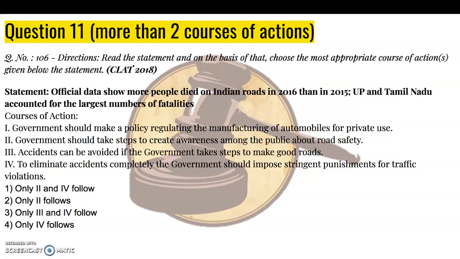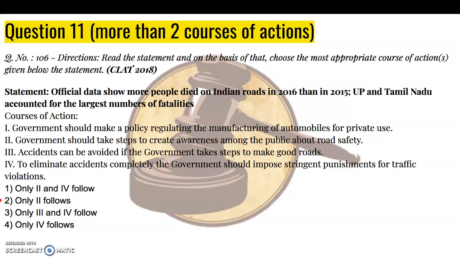One, it is saying that the punishments would definitely work, which is not always true. Second, it cannot eliminate accidents completely. You cannot go to a 0% accident rate just because there are stringent punishments. It is almost impossible to eliminate it completely. So we are only left with option number 2. That would be our answer, that is, only 2 follows.